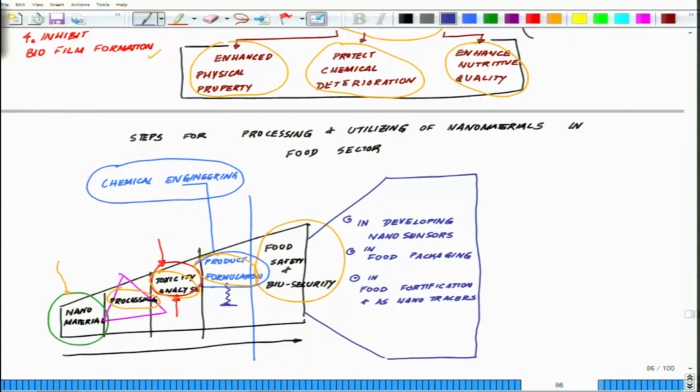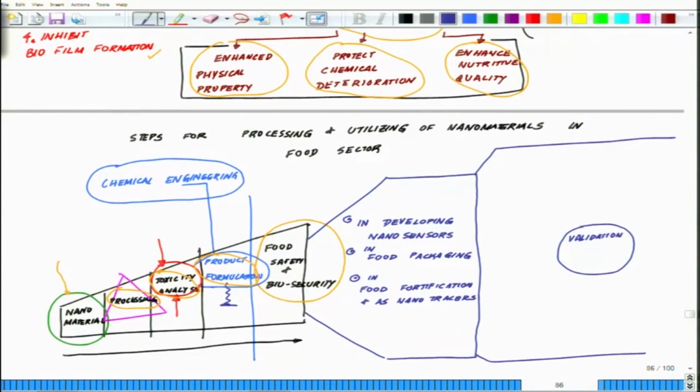Okay, talking about developing the nanosensors in food packaging and in food fortifications, the areas one has to be careful. There are validation of regulatory approvals of nanosensors. So, these are the technical aspects whenever we talk about the food industry one has to understand. So, the central part is the validation. This is the procedure it goes through.